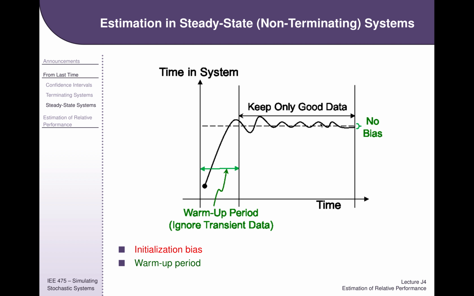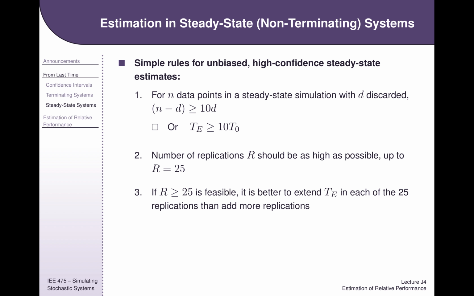And so once you've determined roughly where that breakpoint is, in the discrete time, I'm going to discard D samples at the beginning of my sim. In the continuous time, I'm going to discard, say, T naught time in the beginning here.